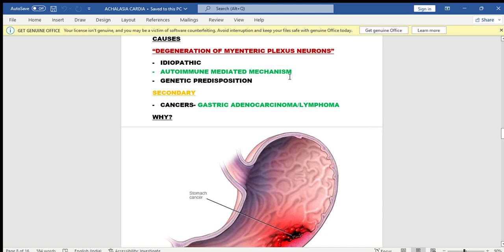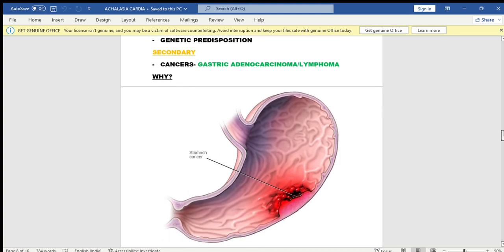As a result, we get achalasia cardia. There can be a bit of genetic predisposition as well, like someone in the family is suffering from achalasia. Due to the genetic makeup, the other people in the family can also suffer from achalasia cardia.